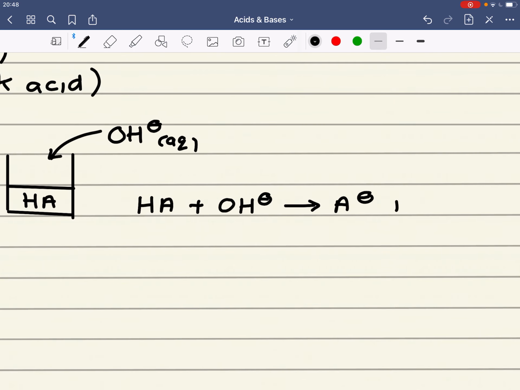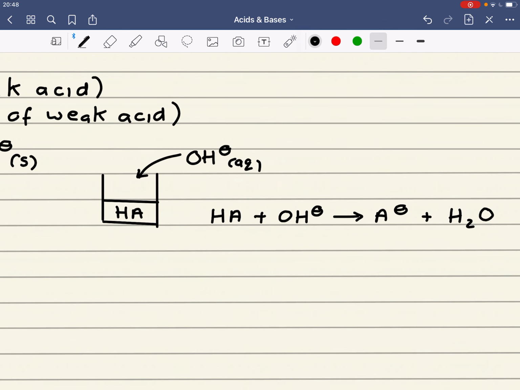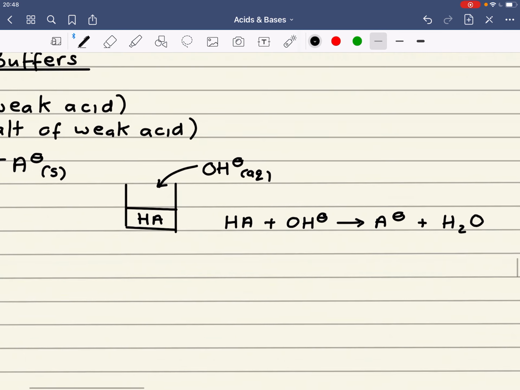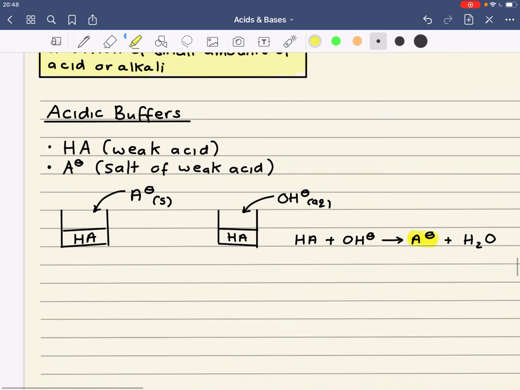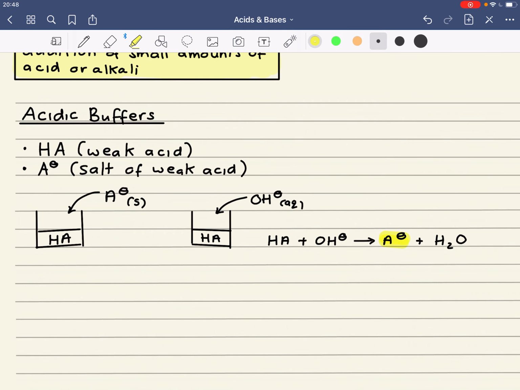In order for this to be a buffer, you must add hydroxide ions to an excess of your weak acid. So the weak acid has to be in excess in order for this to be a buffer. By doing so you will produce significant quantities of your A-, and that will therefore give you a buffer solution.